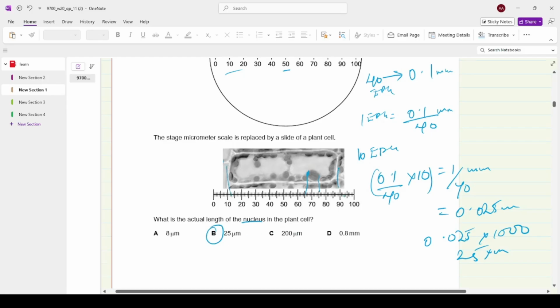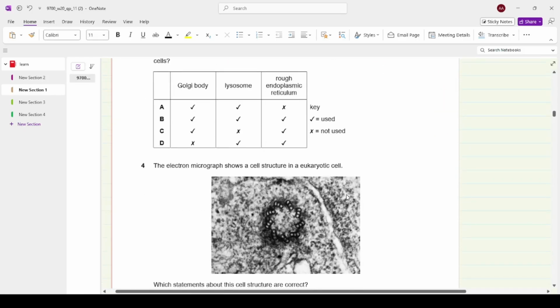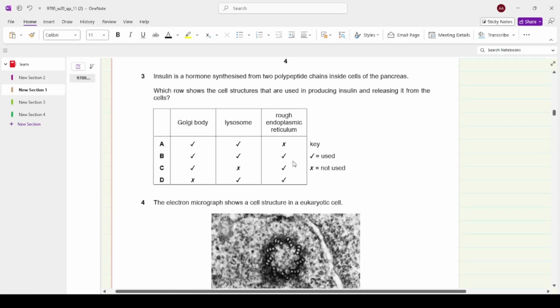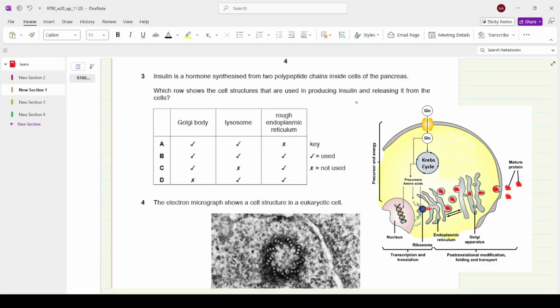So moving forward to number 3, they are saying insulin is a hormone synthesized from 2 polypeptide chains inside cells of the pancreas. Which row shows the structures that are used in producing insulin and releasing it from the cells? There's Golgi body, lysosome, and rough endoplasmic reticulum. We know protein synthesis happens around the rough endoplasmic reticulum, in particular within the ribosome, so this should be correct.